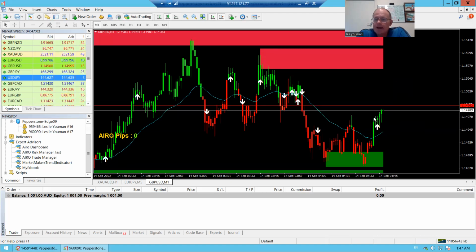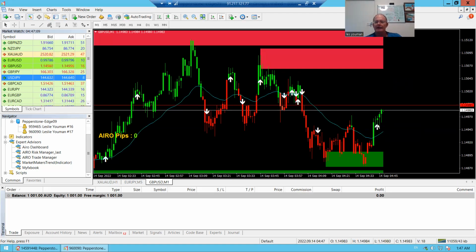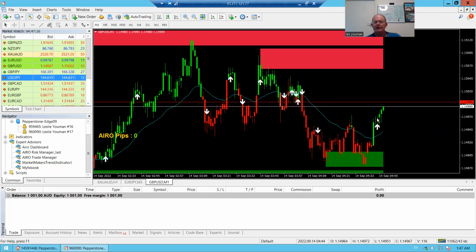The only issue is now, because I've been talking and wasn't straight on to this trade, I could have got in here with my arrow. So this arrow, it appeared and the alert popped up when this trade closed.